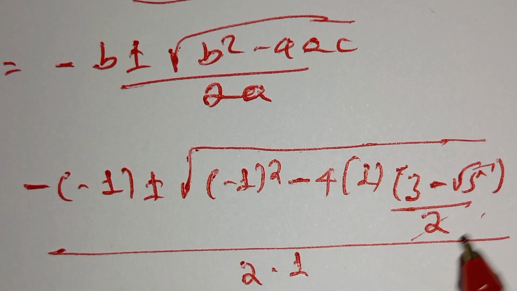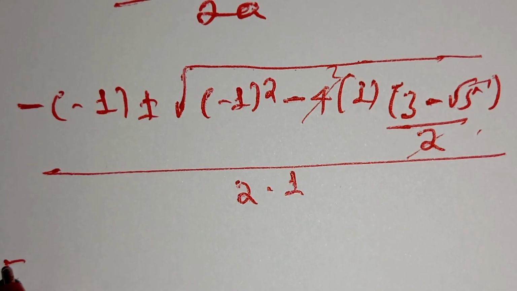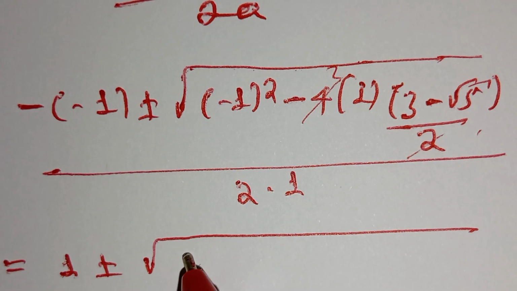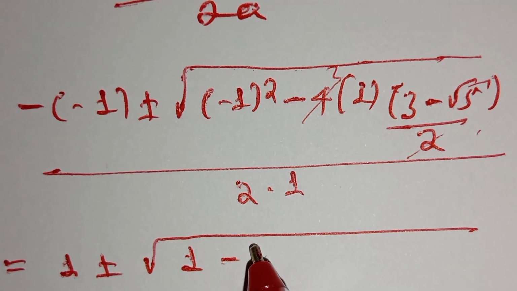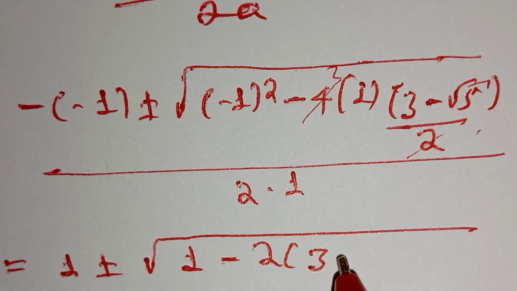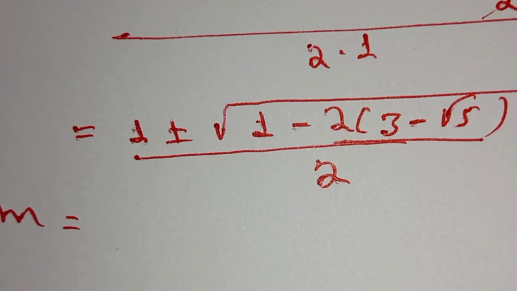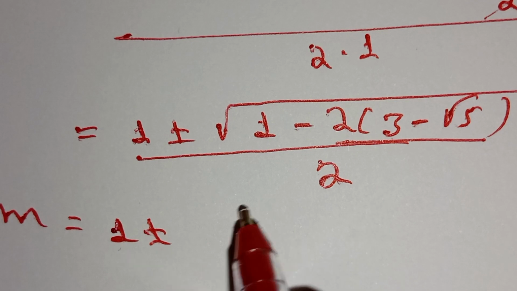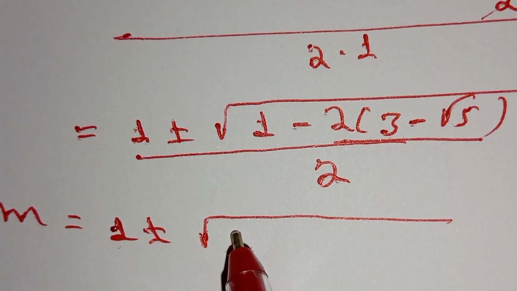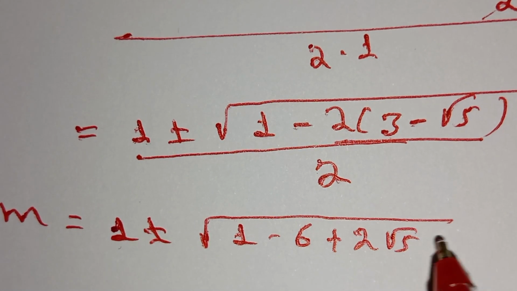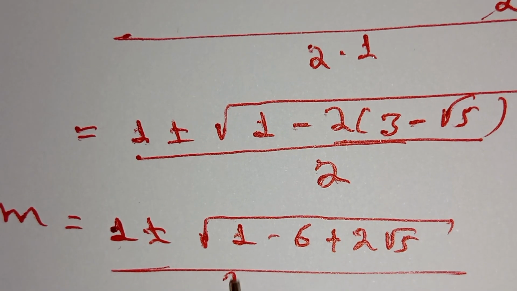So this becomes m is equal to 1 plus or minus the radical of 1 minus 2 times 3 minus root 5 over 2, so 1 plus or minus the radical of 1 minus 6 plus 2 root 5 over 2.